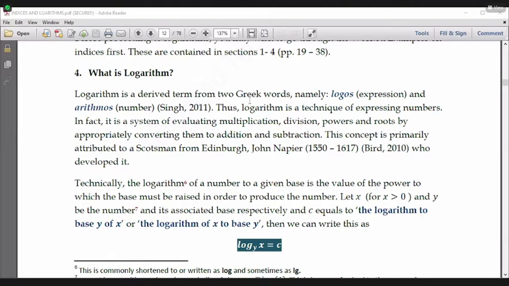Therefore, we have defined what an index is. We are now defining what a logarithm is. Before we look at the explanation, I want to write this in your notebook somewhere.